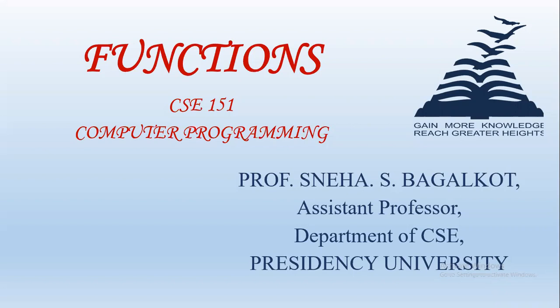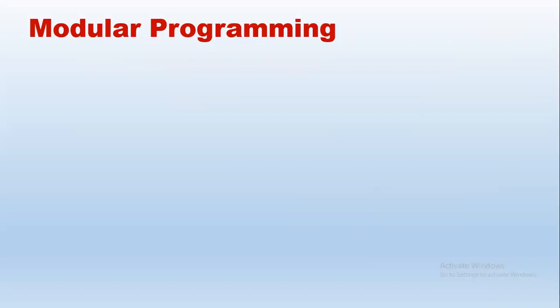In this video, we will discuss modular programming. What is modular programming? In this case, the program is divided into small pieces or small modules. These modules are also called functions, procedures, subroutines, or modules.